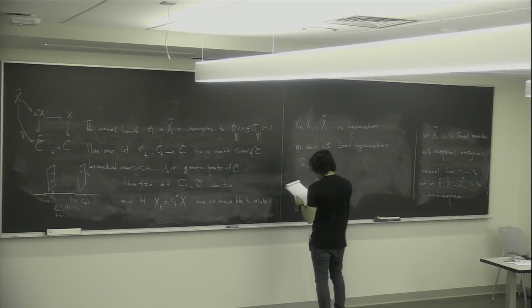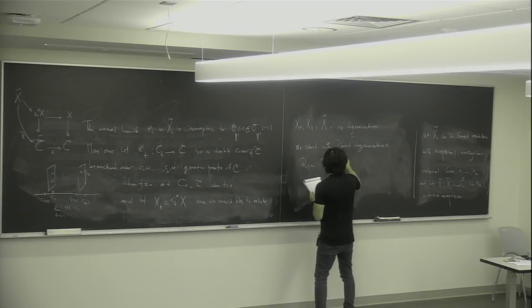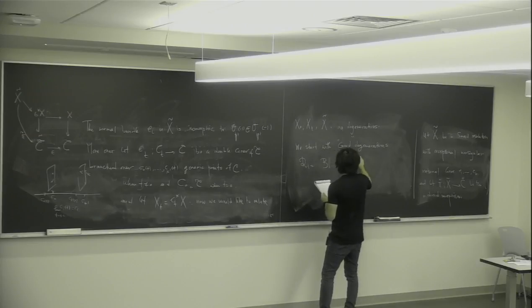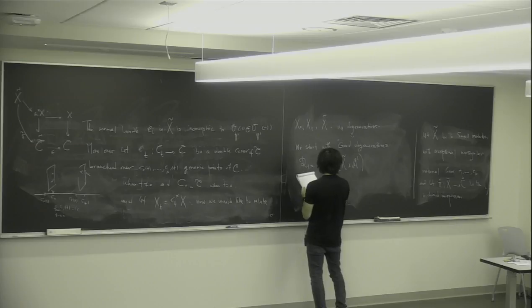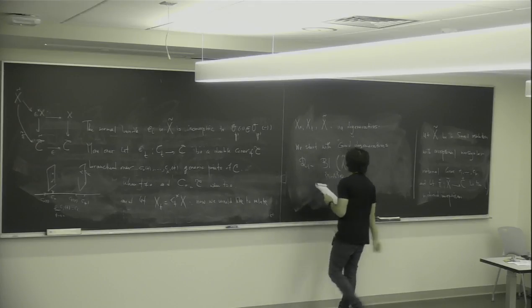R1 I would like to define as blowing up x tilde times A1 along the locus of these rational curves, E_1 to E_k times 0.